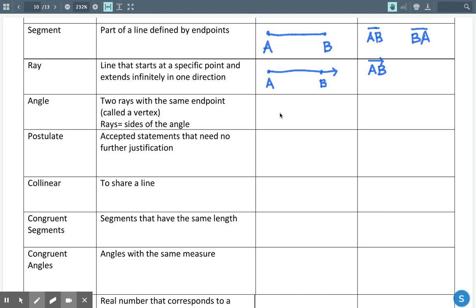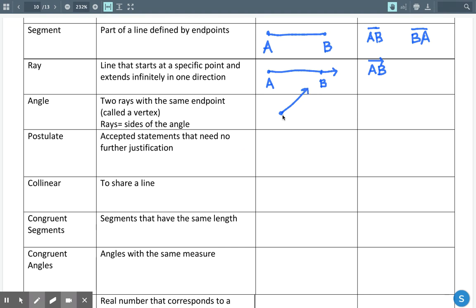Okay, moving on to angle. An angle is two rays with the same endpoint, which is called a vertex. Okay, so I'm going to draw an angle. So here's an endpoint. I'm going to draw a ray that goes up, and it's going to go into the other box, but that's okay.